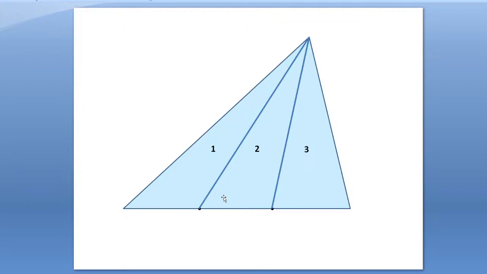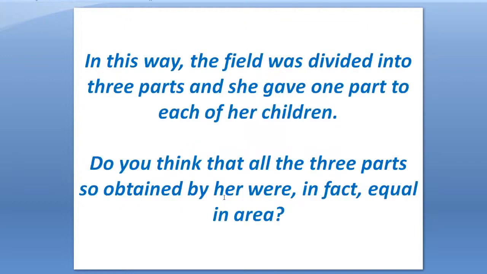This triangular field, and one side divided into three equal parts: 1, 2 and 3. Okay, and join the opposite vertices. So in this way the field was divided into three parts and she gave one part to each of her children.